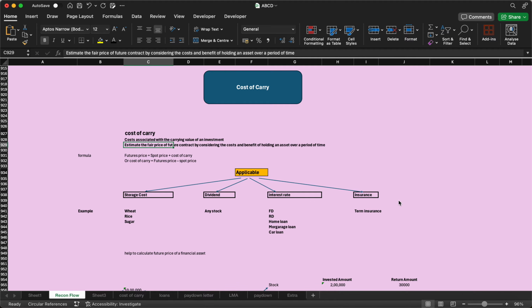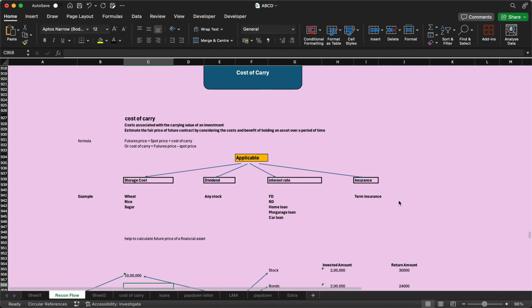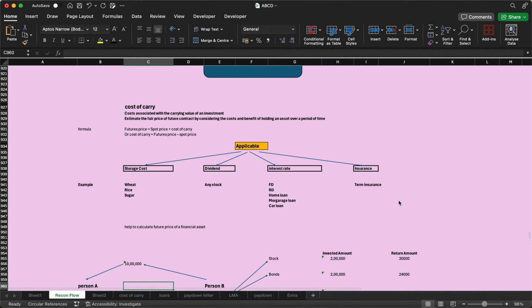If you are preparing for interviews, this definition is very important to note down, and you can also explain this formula that we have mentioned here: the future price is equal to spot price plus cost of carry, or cost of carry is equal to future price minus spot. We have discussed how this theory works in practice in this session. It is applicable to storage, dividend, interest rate and insurance.